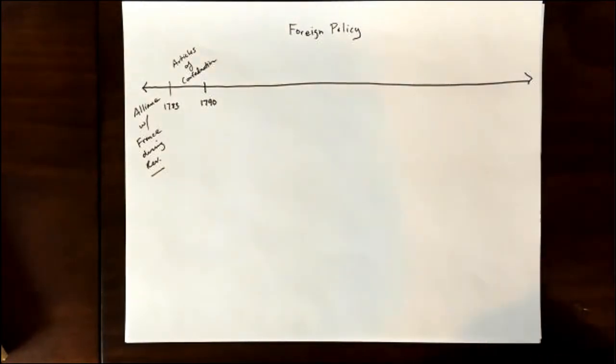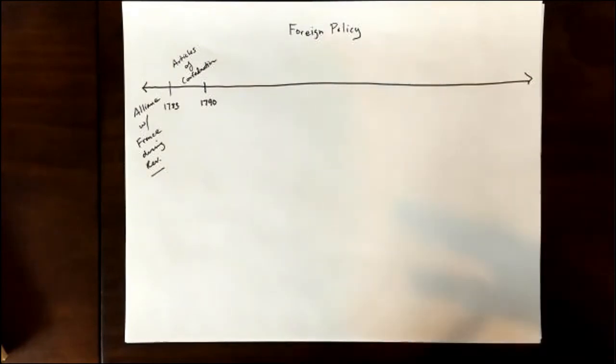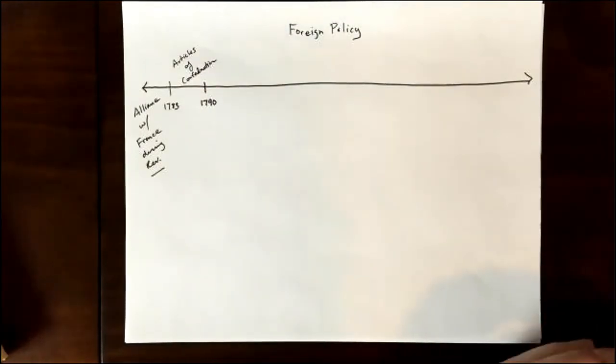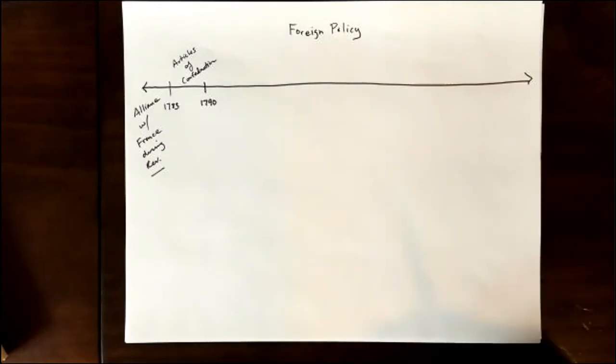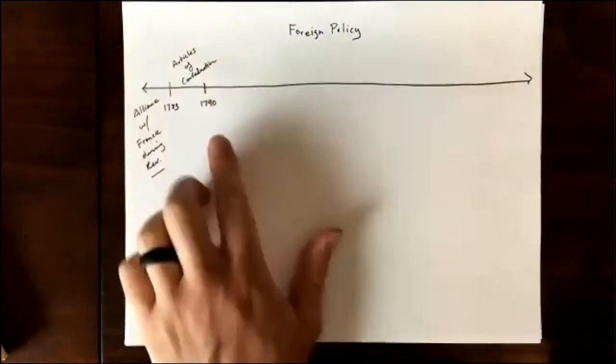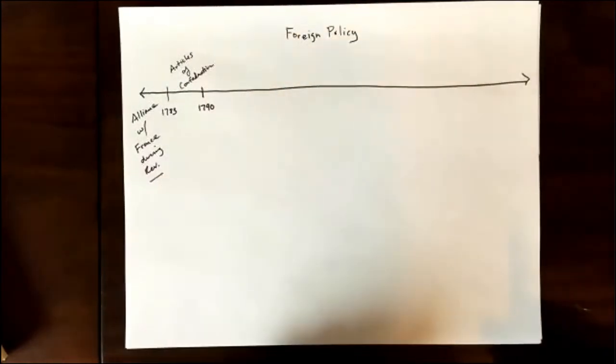In fact, we have states making some of their own foreign policy as opposed to a foreign policy being created by the government. In 1790, after we have the Constitution formed, that's when you start to see a more unified foreign policy that's being established by the central government. So we want to talk a little bit about, after 1790, what does that foreign policy look like?